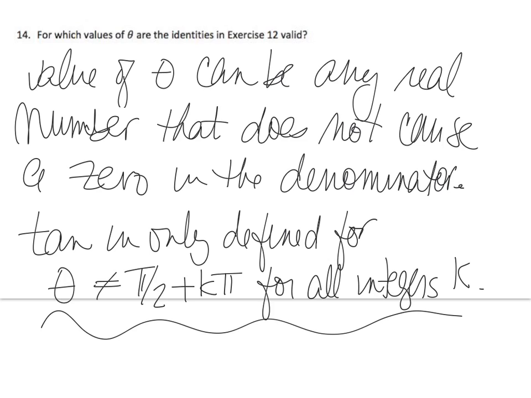Because tangent is sine over cosine, basically we talk about cotangent, which is cosine over sine. Let's just make sure that we know that theta cannot equal pi k, or k pi. Cool.